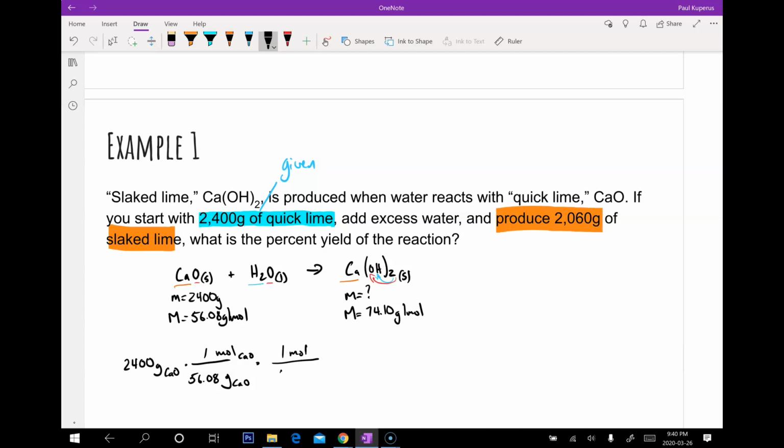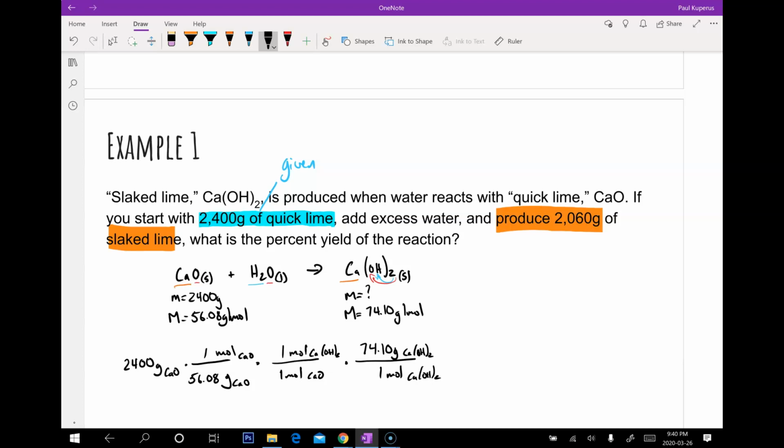Still have to show the step even though it's a 1-to-1 mole ratio: 1 mole of CaO on the bottom and Ca(OH)2 on the top. And then we multiply by the molar mass of calcium hydroxide so we can get to mass of calcium hydroxide. On the top we have 74.10 grams of Ca(OH)2, and on the bottom we have 1 mole of Ca(OH)2.